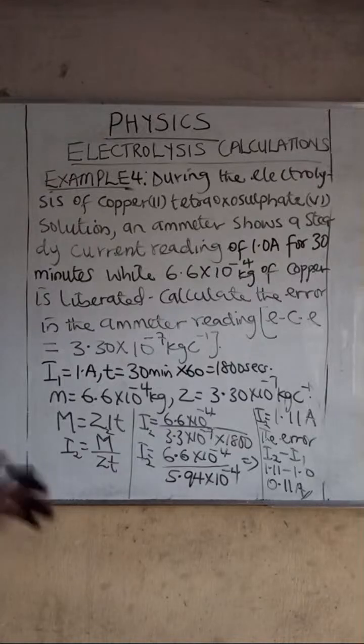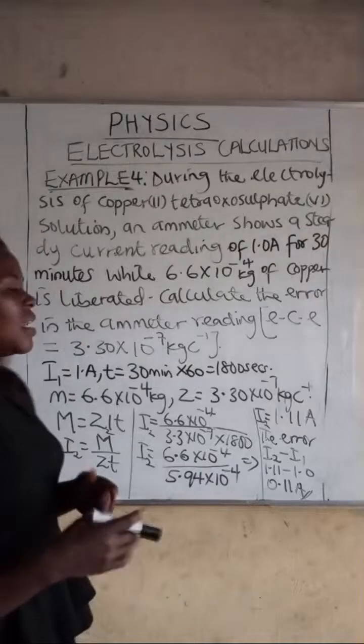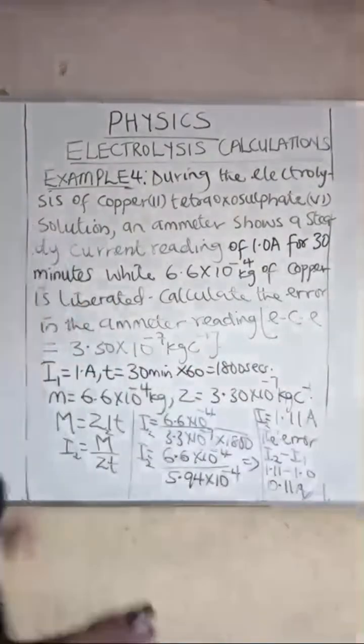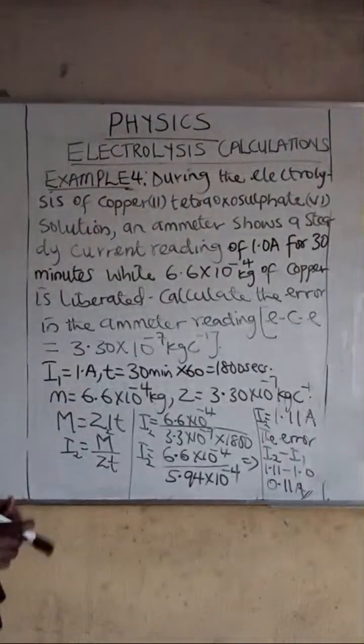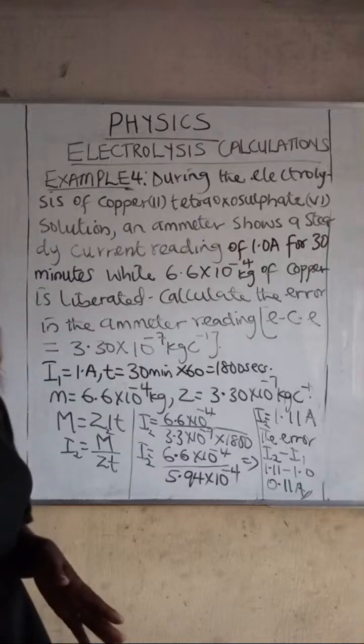Calculate the error in the ammeter reading. And we are given the electrochemical equivalent, 3.3 times 10 to the power of minus 7 kilograms per coulomb.